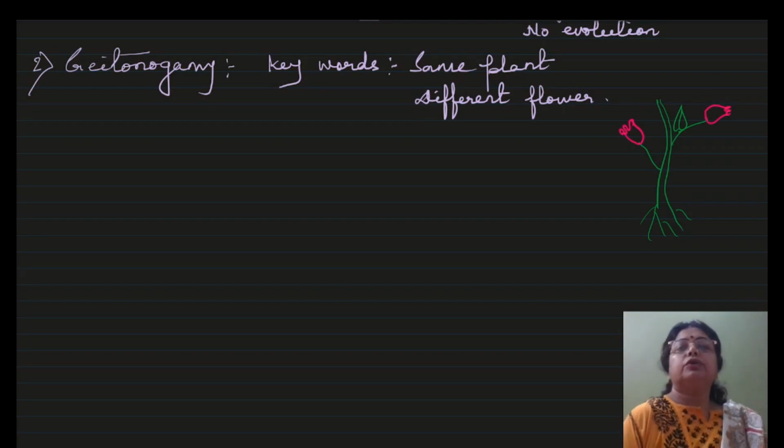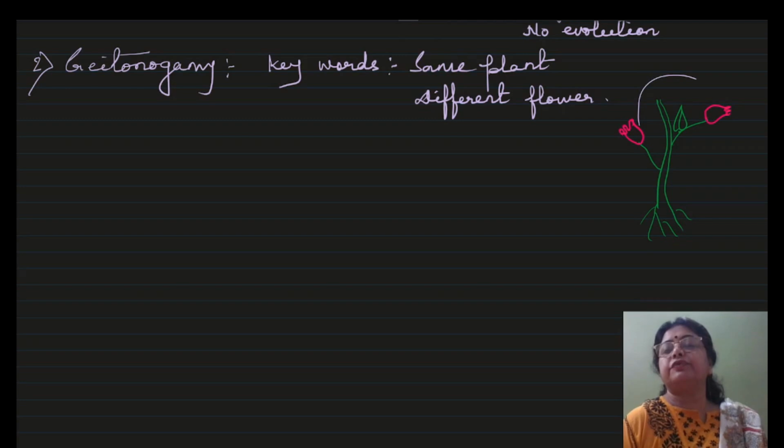The pollination will occur from this flower to this flower. So this is flower number one, this is number two. Two different flowers, same plant.